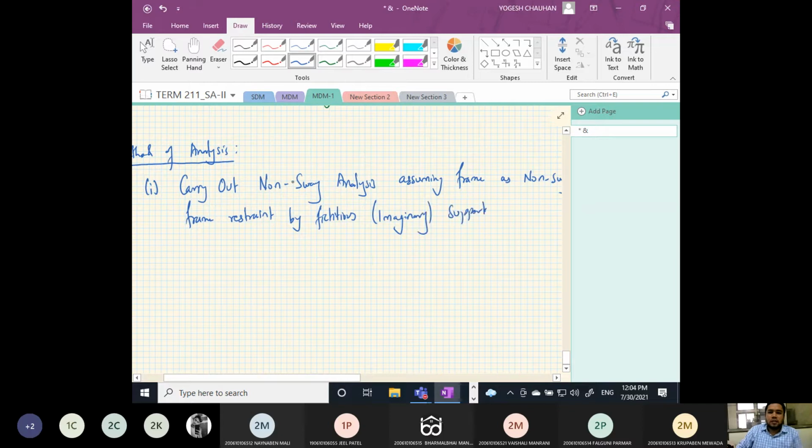Okay, you first carry out the non-sway analysis, assuming the frame to be non-sway, restrained by fictitious support.